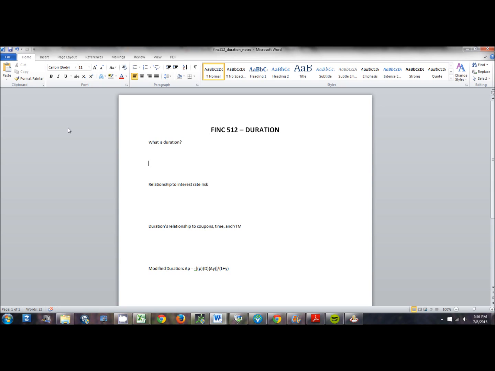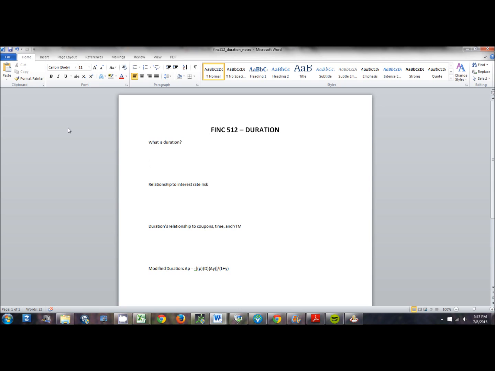And so there's a bunch of different moving parts, right? Because bonds have all these different characteristics. Some are short-term, some are long-term, some are low coupon, some are high coupon, and so on and so forth. Duration, rather than trying to look at it one characteristic at a time and determine a bond's interest rate risk level, kind of encapsulates all of that into one number and gives you a quick and dirty measure of the interest rate risk that might be inherent in that bond.